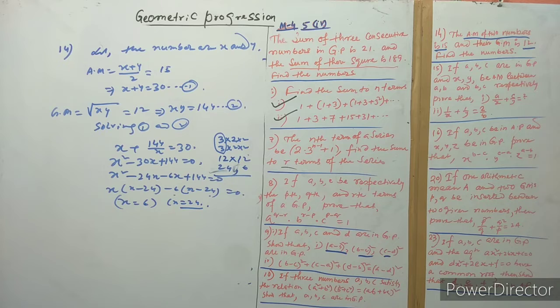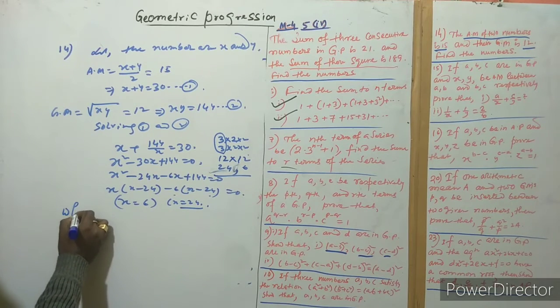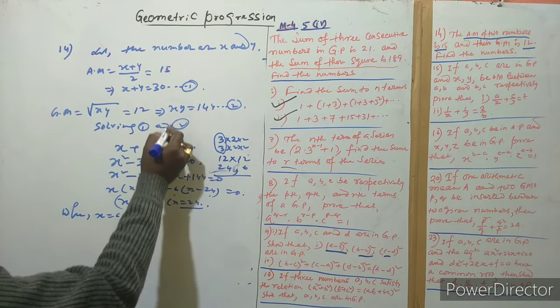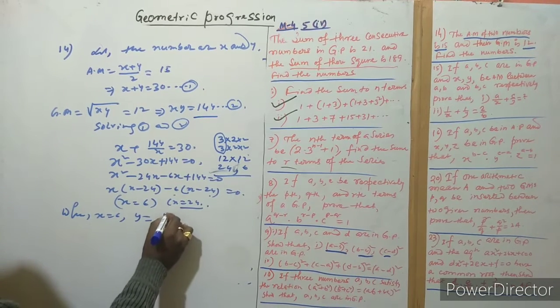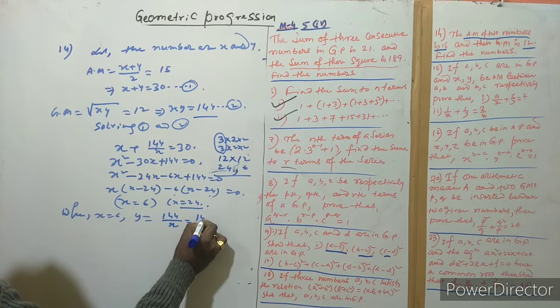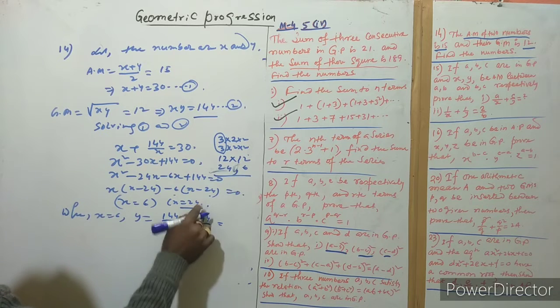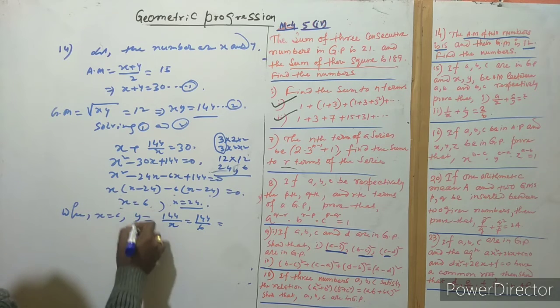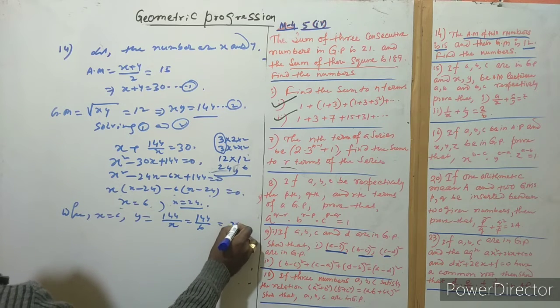So when X is 6, then Y is equal to 144 by X, that is 144 by 6, and we get 24.